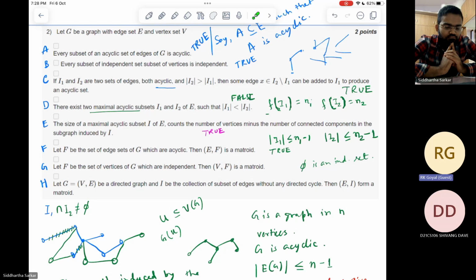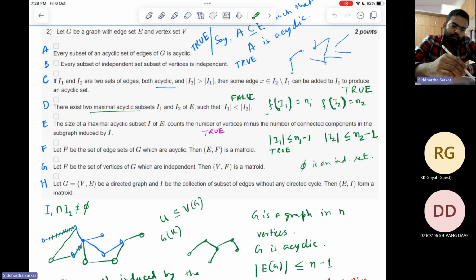Not necessarily. But this does not mean that I can never find a vertex which will keep the smaller one independent as well. So I think that this is true.